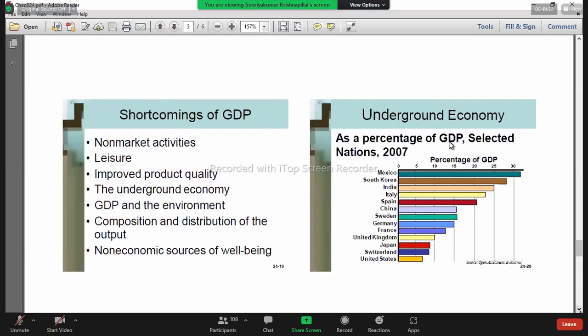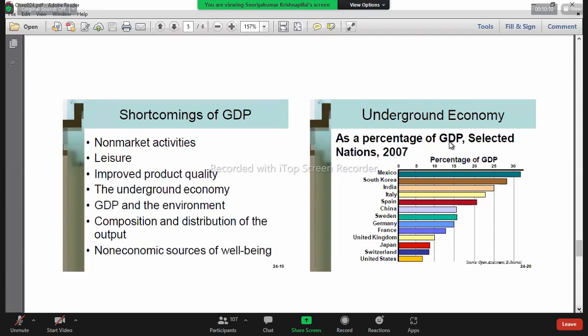Now they are working fewer hours, so they have more leisure time. That we should also include in the GDP; only then does GDP reflect well-being. In China, labor works more hours, but in the USA they work fewer hours and have more leisure time.